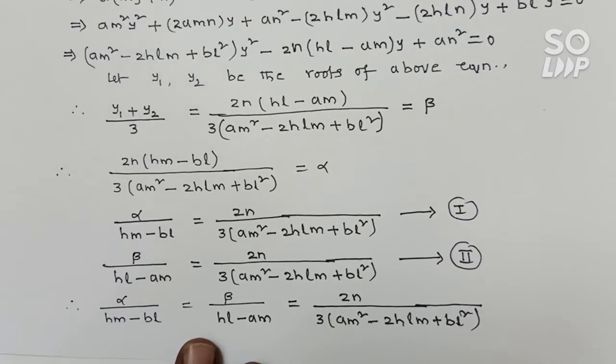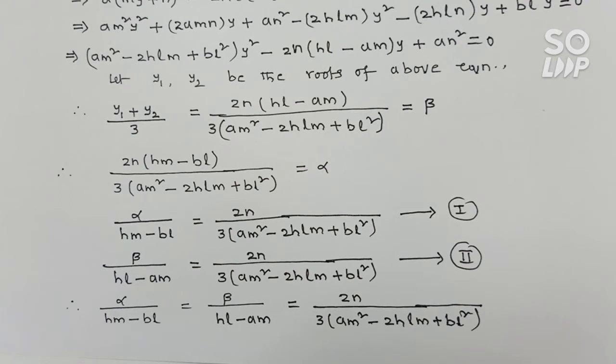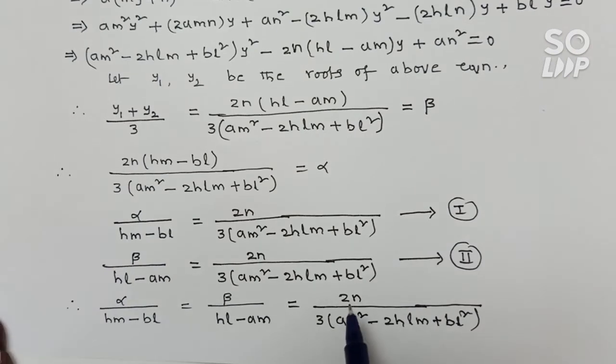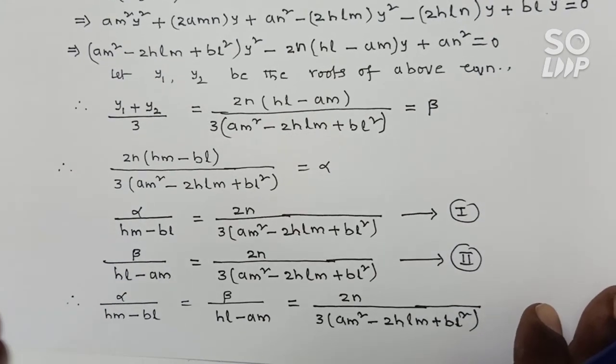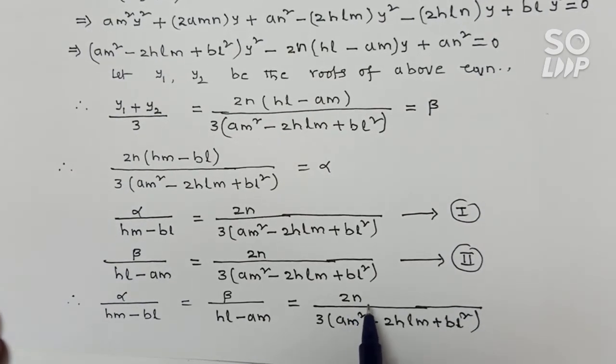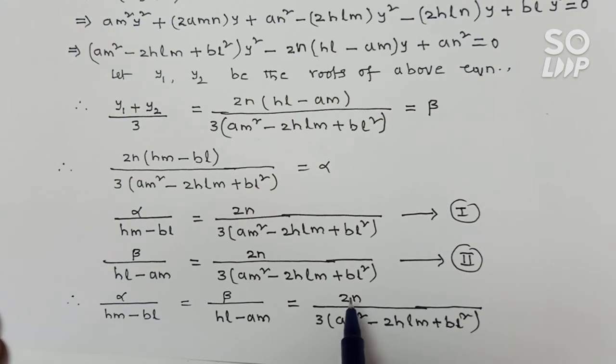Please, all of you look at this one. Alpha by... in the given statement, n is not there. So while doing this solution, please correct that in the given statement, in the last ratio, the numerator n is not contained in the result.